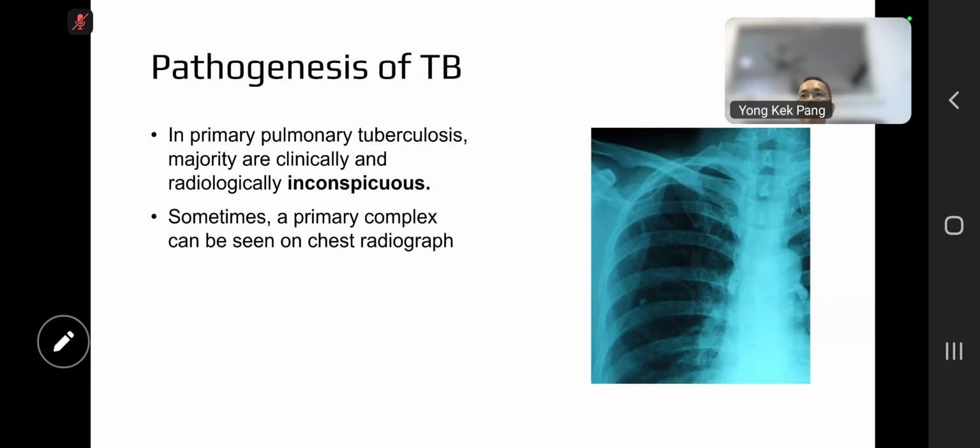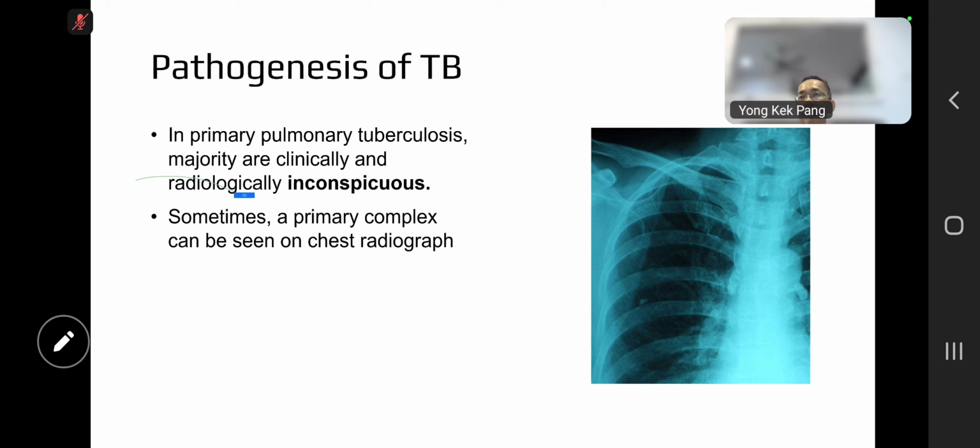So if this is a primary TB, majority of the patients, adult patients, are clinically asymptomatic, okay, and radiologically inconspicuous.